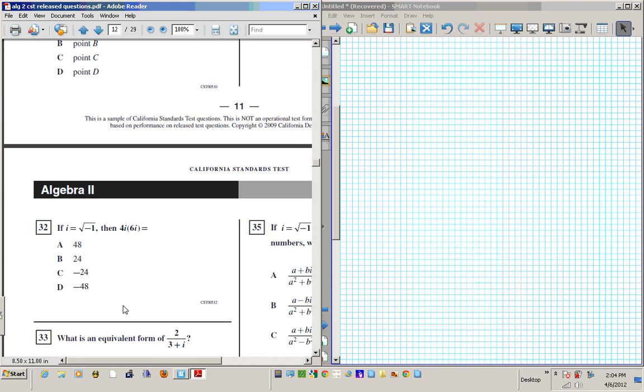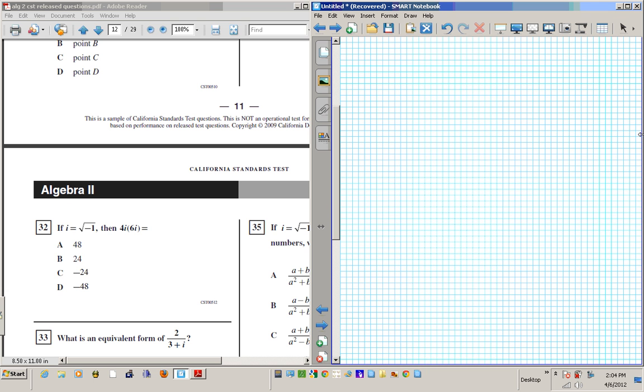Question 32 says, if i equals the square root of negative 1, what is 4i times 6i? So 4i times 6i, 4 times 6 is 24i squared, right? We know that i is the square root of negative 1.